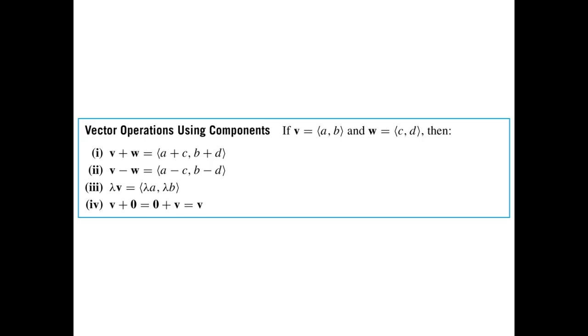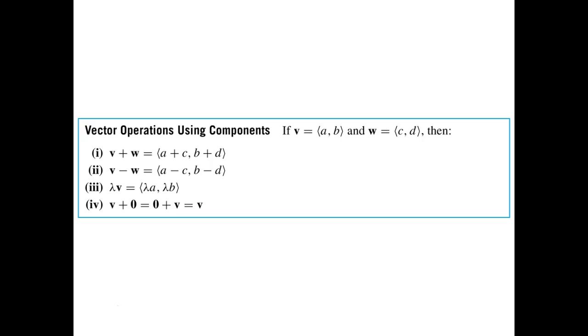But be sure you keep the components corresponding, okay? And then just as easy when you're doing subtraction, you don't have to remember which way am I going now, plus or negative W, nothing like that. Just subtract the components: A minus C, comma, B minus D. It's just that simple.